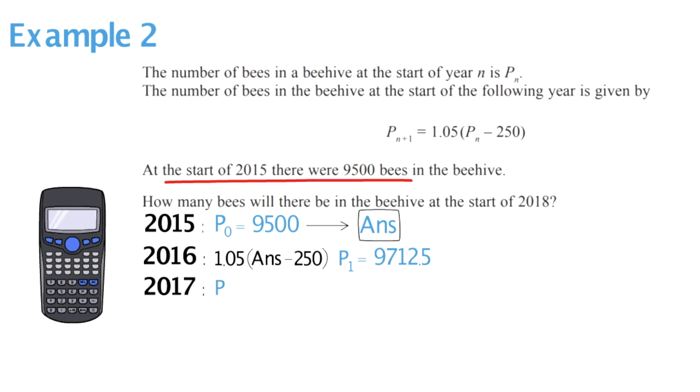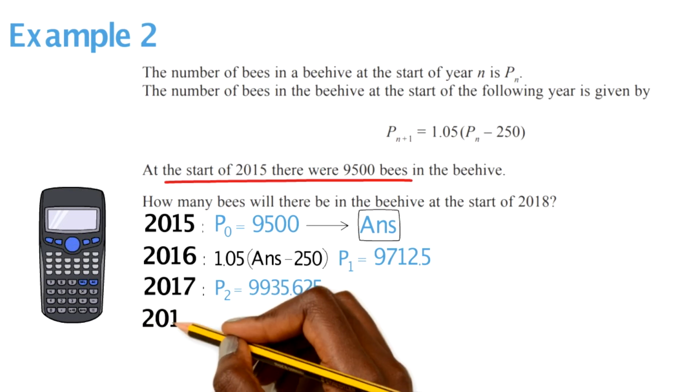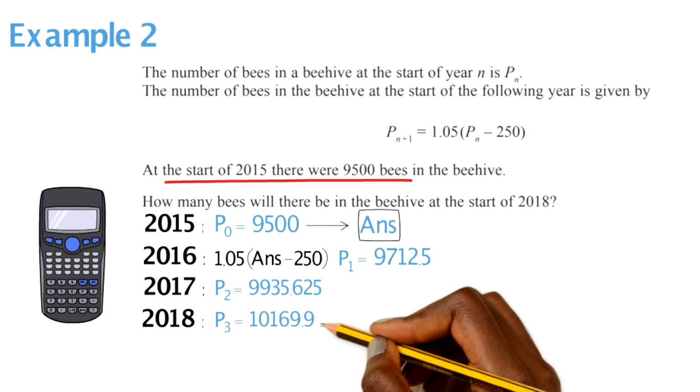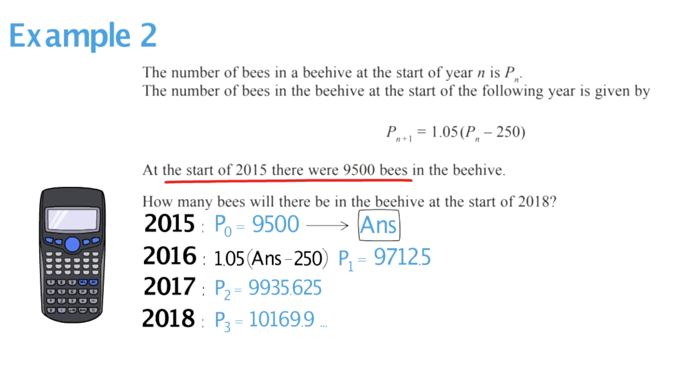That's equivalent to your P2, and that's 9,935.625. And again, just press equals again to work out how many bees you would have at the start of 2018, which is your P3. You should end up with this value, and then your number of bees, remember bees are whole numbers, so it'll be 10,170 bees by the start of 2018.